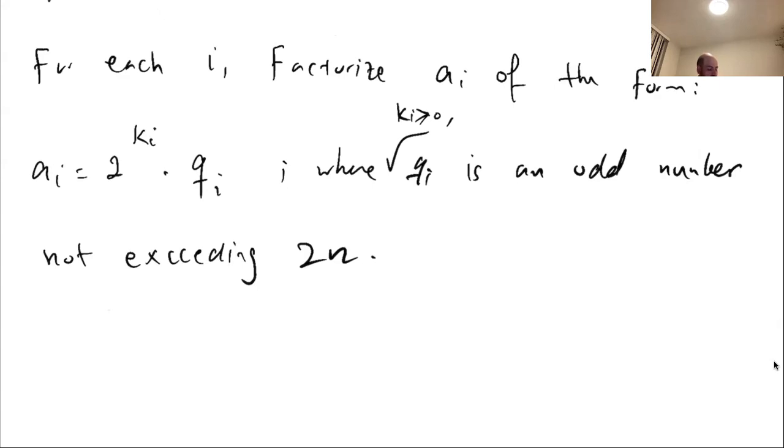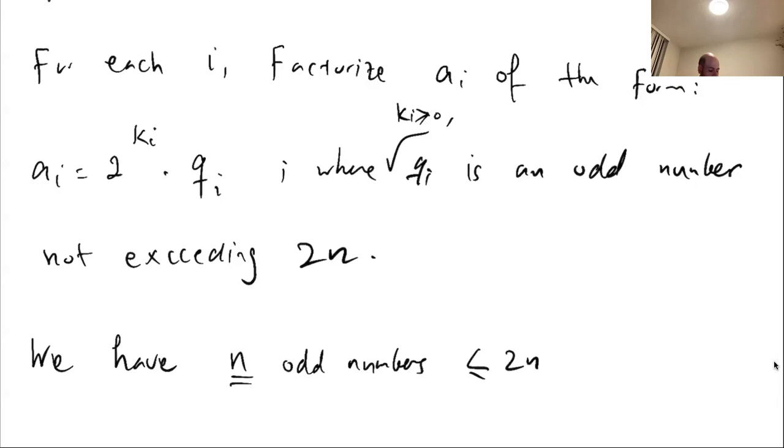Now, how many odd numbers do we have less than or equal to 2n? We have n odd numbers less than or equal to 2n, right?